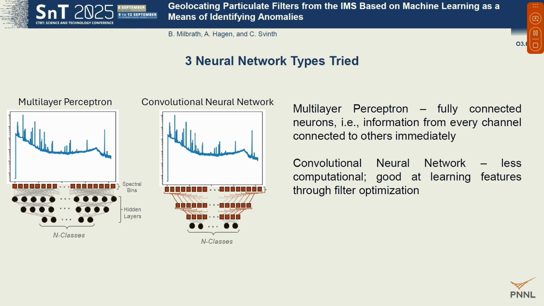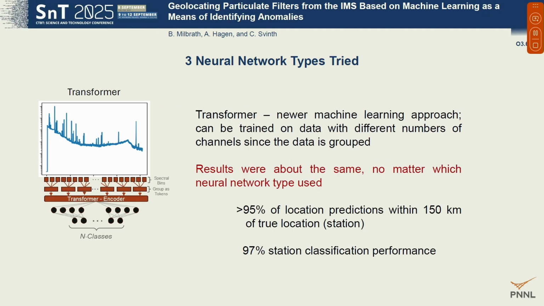You could view it as filter optimization is how it operates. And the third type is a newer machine learning approach called a transformer, which is useful in that you can have different numbers of channels, because what the transformer does is it groups data and moves on from every single channel.